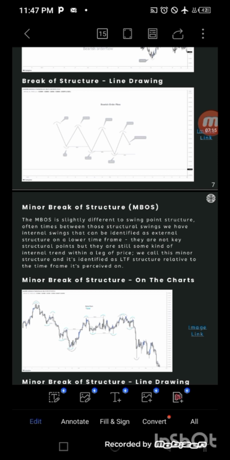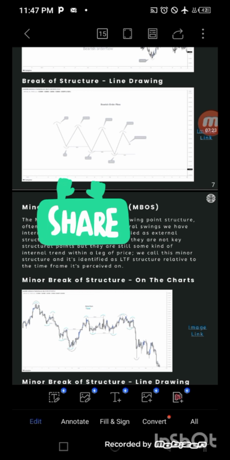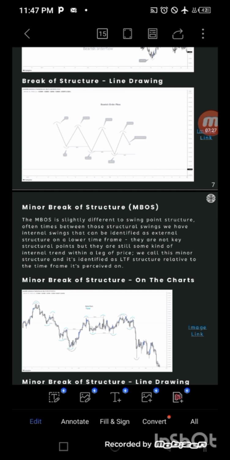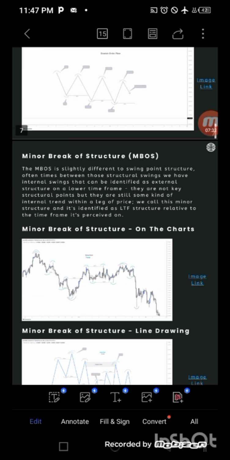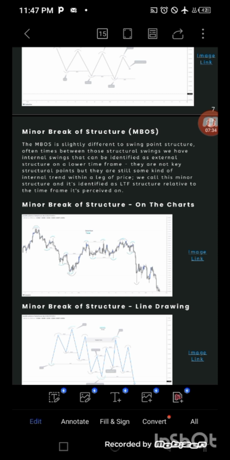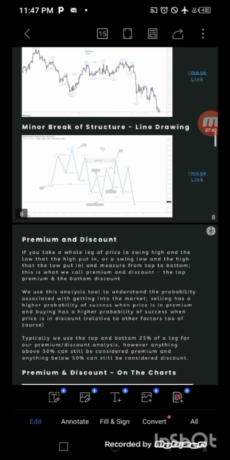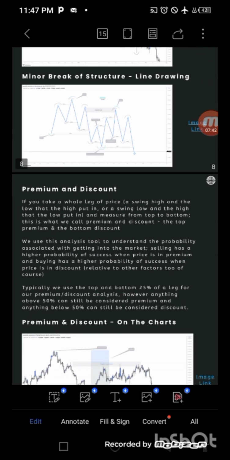They are not the key structure points, but they are still some kind of internal strength within a leg of price. We call this minor structure, and it is identified as lower time frame structure relative to the time frame it is placed on. So we have major structures, minor structures, and substructures. Please note this down, it's very important.